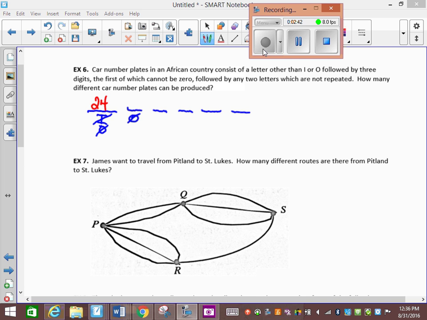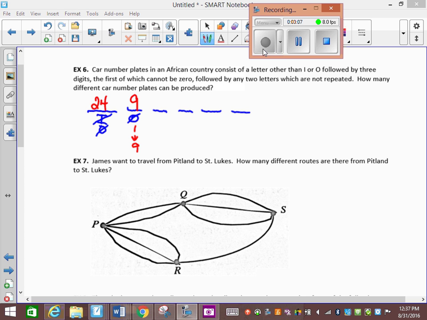Then it says 3 digits. Does it say that those digits can't be repeated? No, so we assume that they can. The only specification is this one can't be a 0, because the first digit cannot be a 0. So how many options do I have here? 9. I have the numbers 1 to 9. And what about these 2?